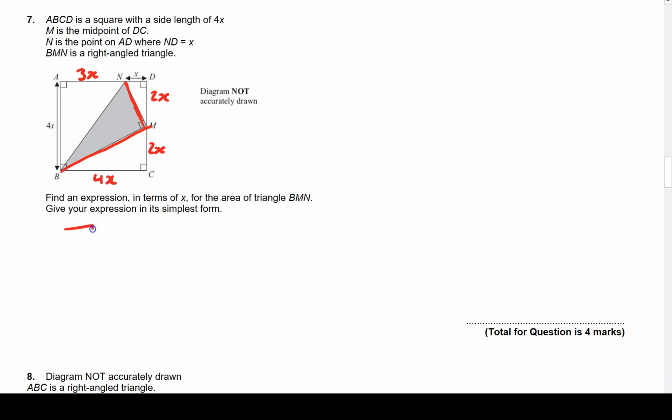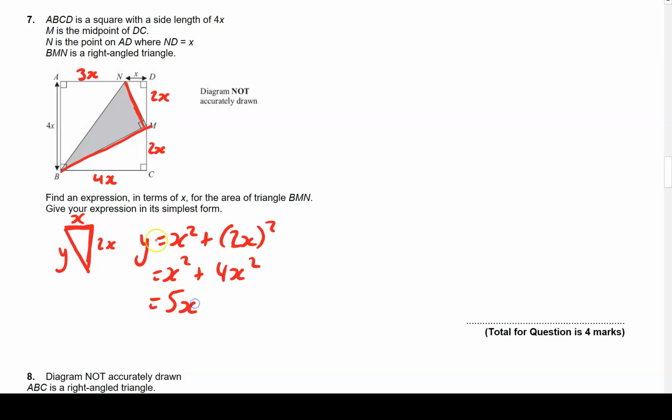Right, the little triangle in the top corner, it's a dodgy diagram, is x and 2x. So its hypotenuse, I'm going to call it y, y squared is x squared plus 2x squared, which is x squared plus 4x squared, which is 5x squared. So y is root 5x.